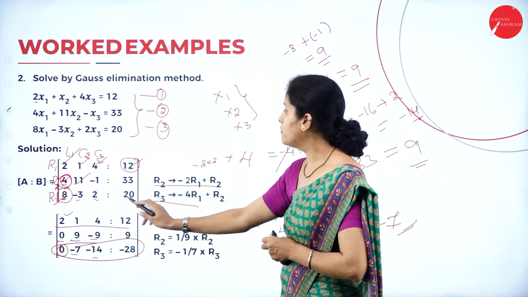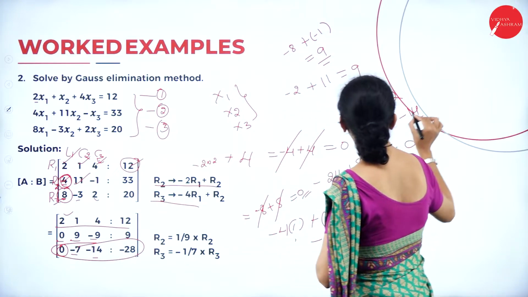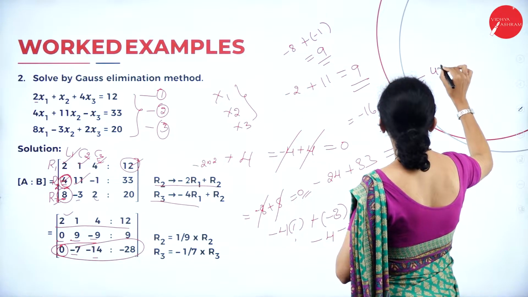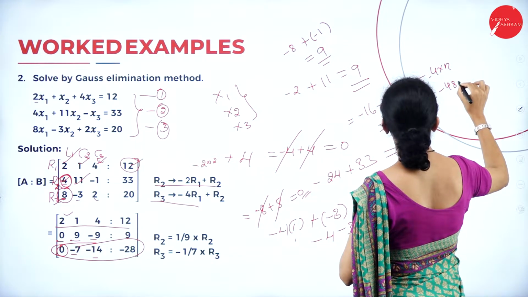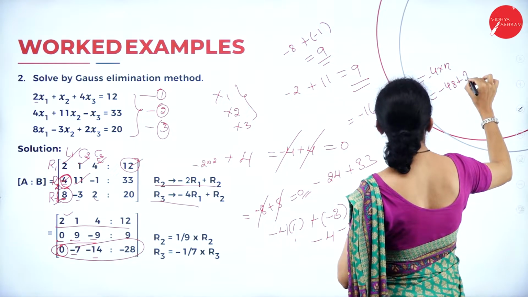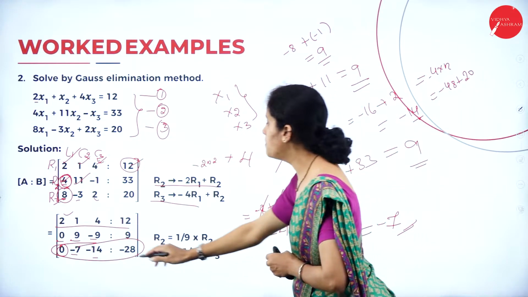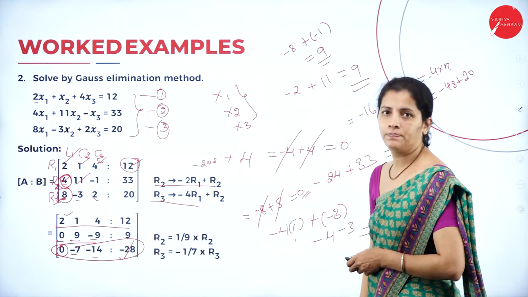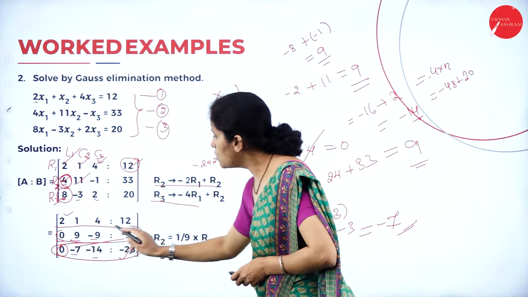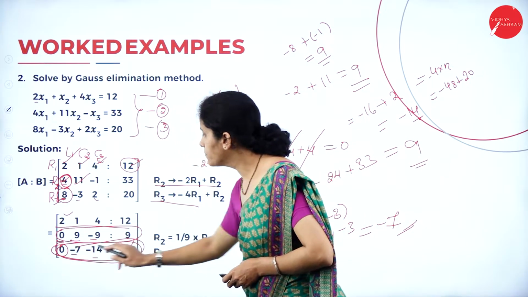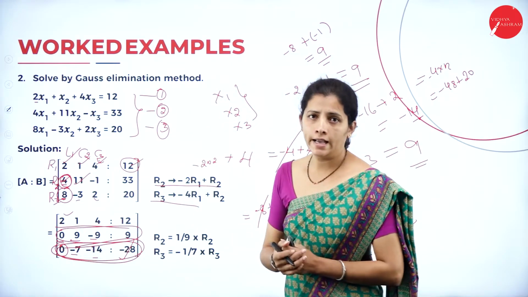Now here I have 20 and 12. So 4 into 12, it is minus 48, plus 20. So what is the answer? Minus 28.